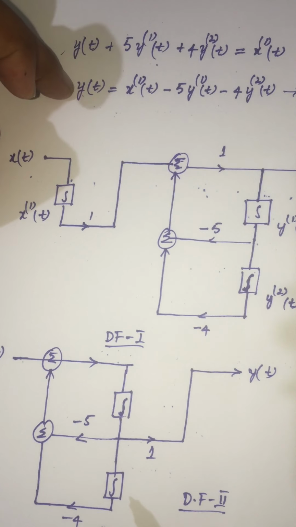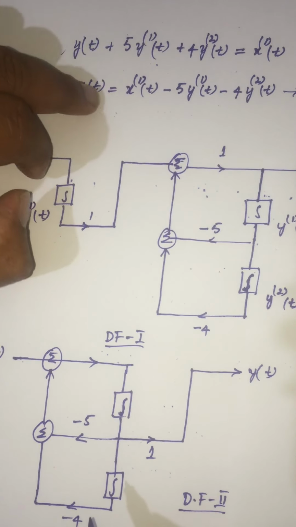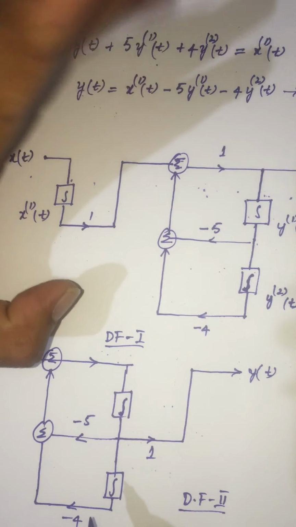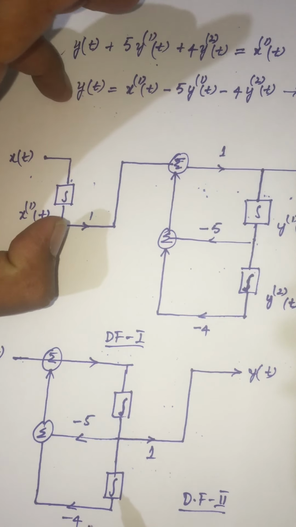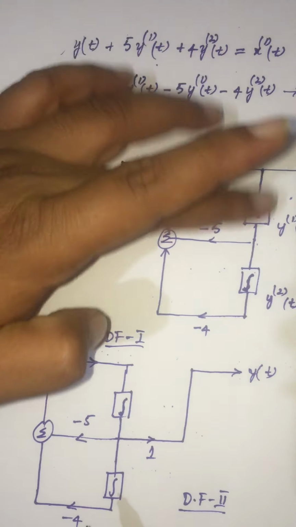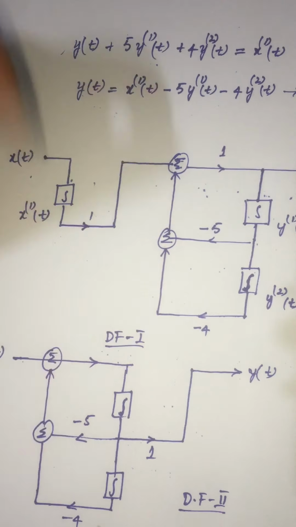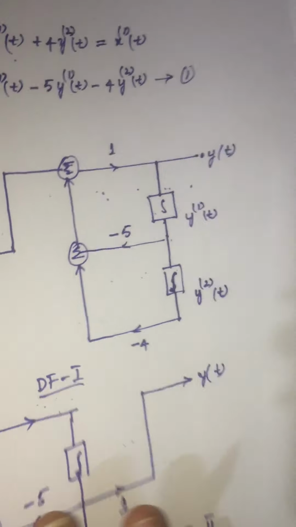Those many times we have integrated the equation, and it has been written in the standard form by making its coefficient equal to 1 and the rest of the other parameters moved towards the right side of this equation, isn't it? And based on this equation, we have obtained the block diagram representation of direct form 1 and direct form 2 respectively. Very simple to understand, right? And next we shall see the block diagram representation with respect to difference equation.